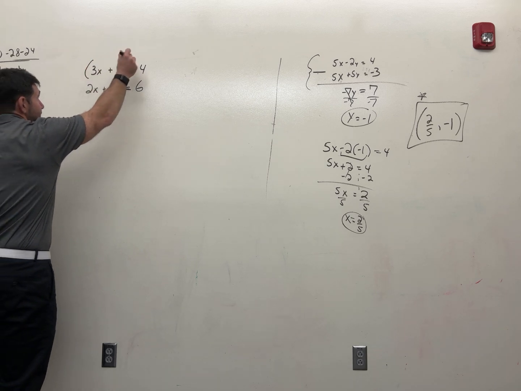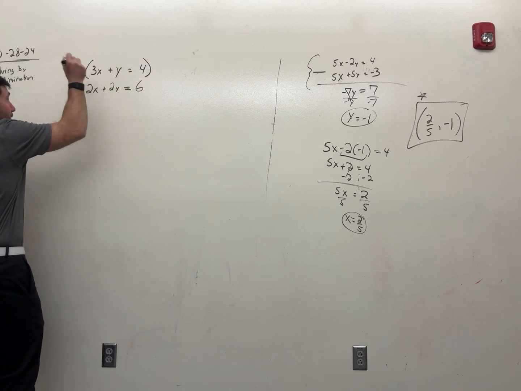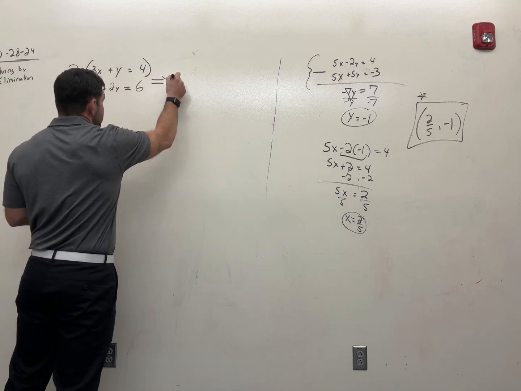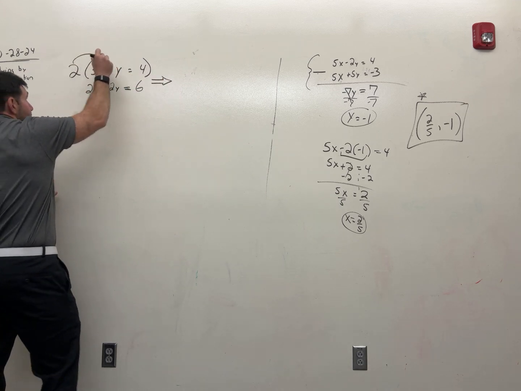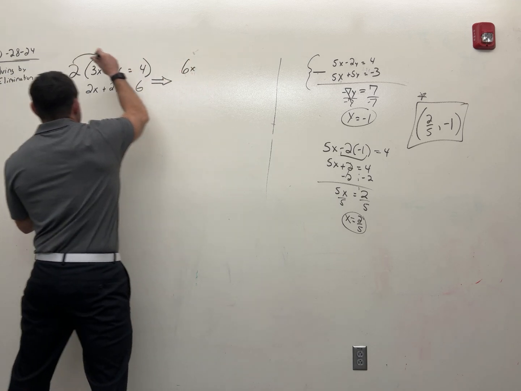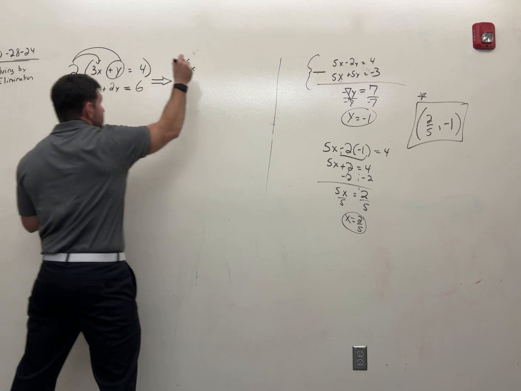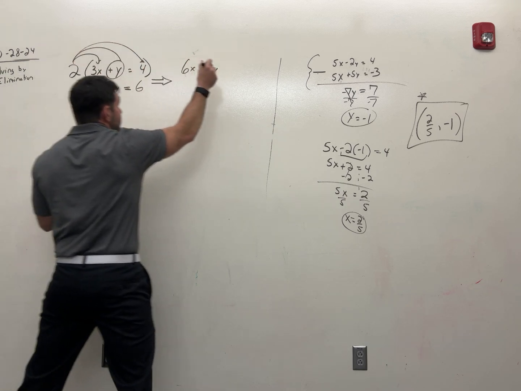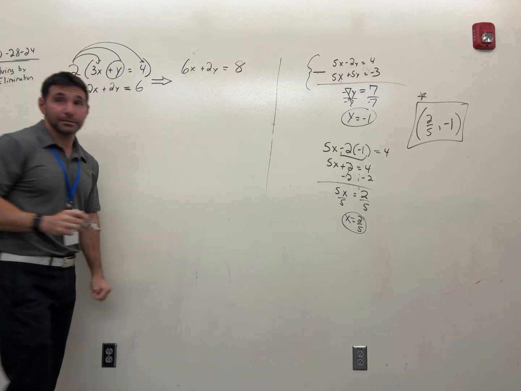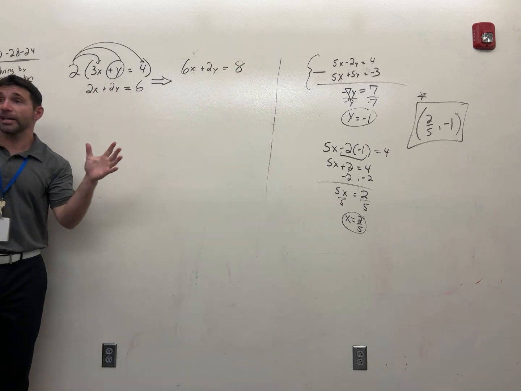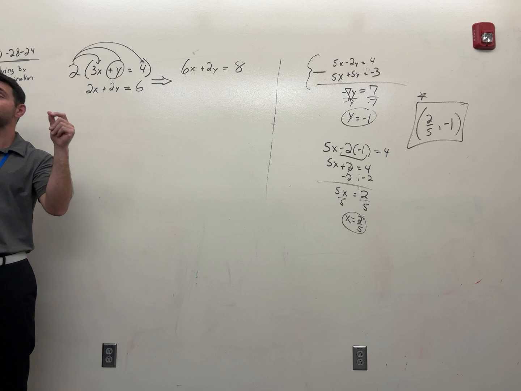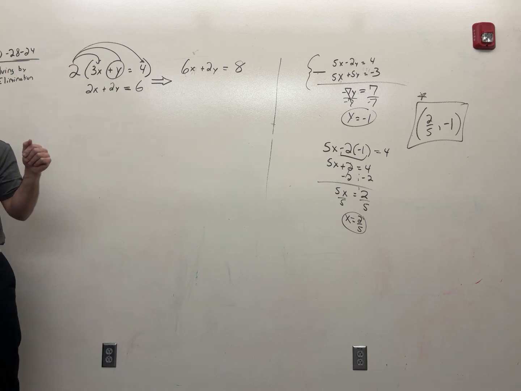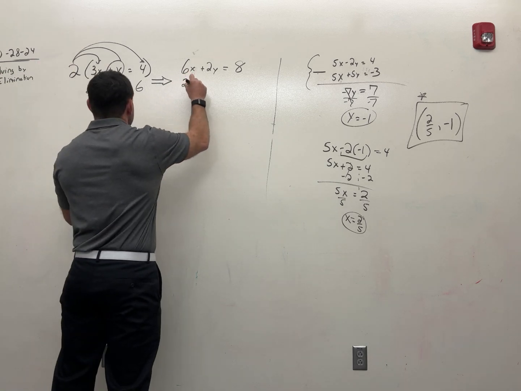So I can take this whole thing and multiply it by 2. 2 times 3 is 6x. 2 times the positive y is positive 2y. And 2 times the 4 is 8. That doesn't change the equation because I'm doing the same thing on both sides. The other equation just comes straight down.